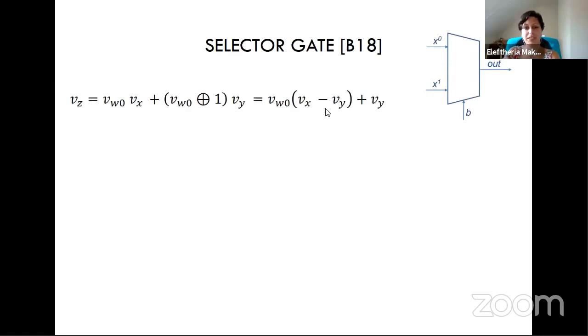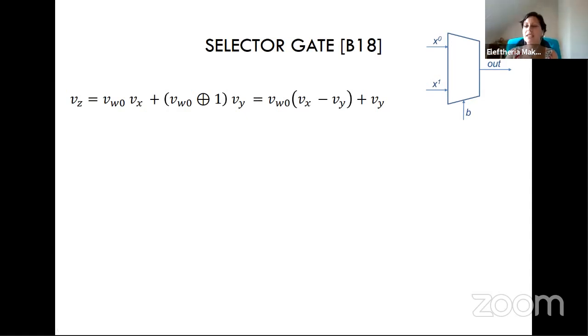I'm just showing you the same equation here as before for the selector gate, with just removing the phi's for the projection. So it's exactly the same thing simplified. And what I want to point out here is that we can actually do a half selector gate.